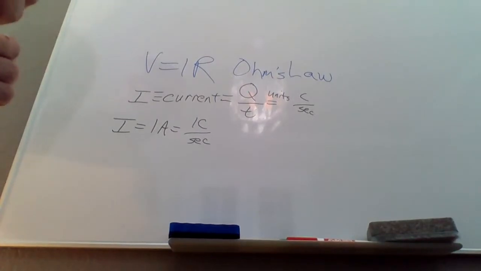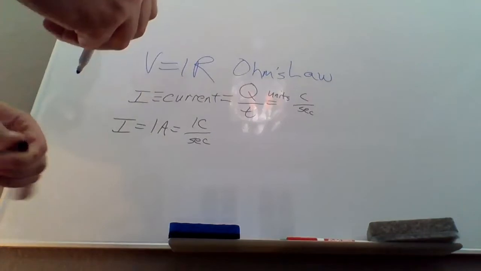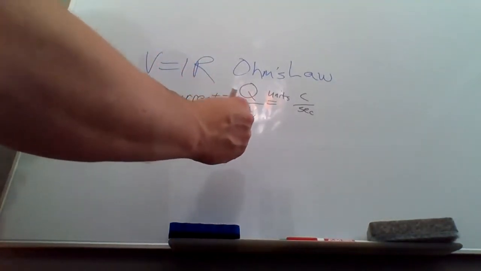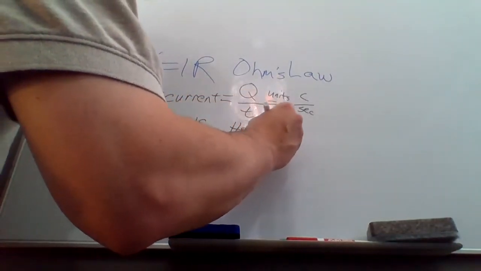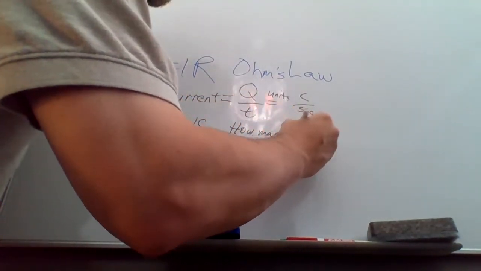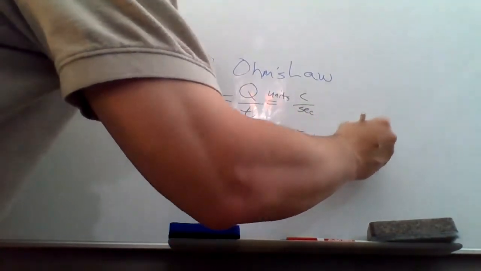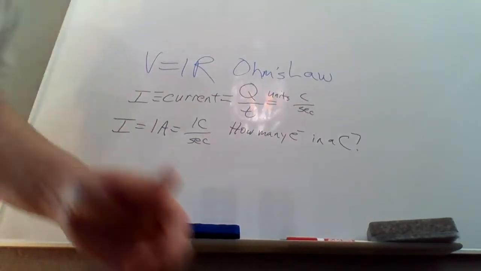And now I'm going to ask everybody to look up how many coulombs are in a single electron. Now this is going to be interesting because we haven't covered this.